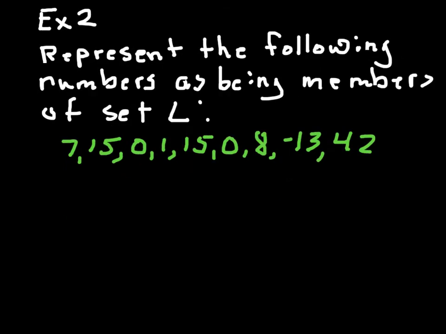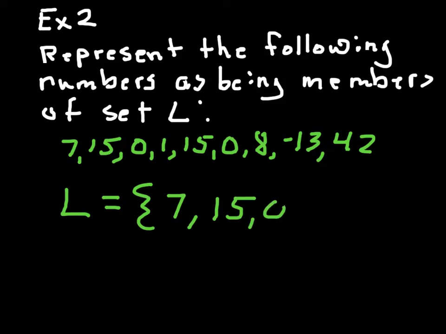Now in example 2, it says represent the following numbers as being members of set L. So now we're going to label this as set L. So equal sign, brace, and in this example, let's see, I've got a 7, I have a 15, I have a 0, I have a 1, an 8, a -13, and finally a 42, and that's it.